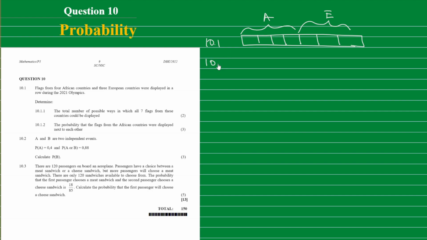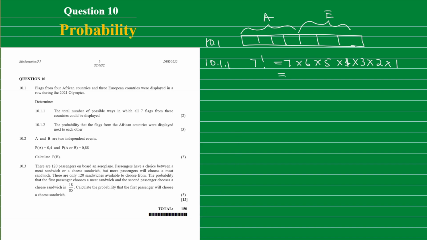So we know this is 7 factorial, because we've got 7 separate countries. So in how many different ways can we rearrange them? There are 7 ways by 6 by 5, 4, 3, 2, 1. That's what 7 factorial means.